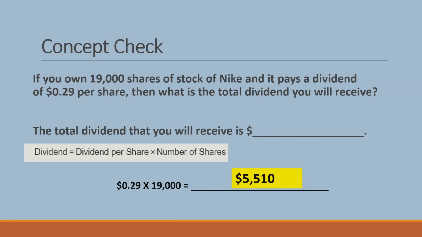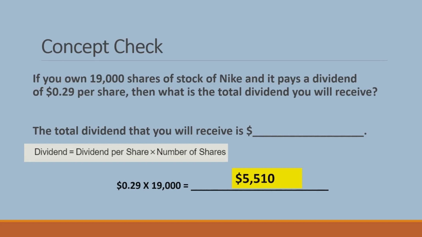Here we have a concept check. If you own 19,000 shares of stock of Nike and it pays a dividend of 29 cents per share, what is the total dividend you will receive? So the total dividend that you will receive is $5,510.